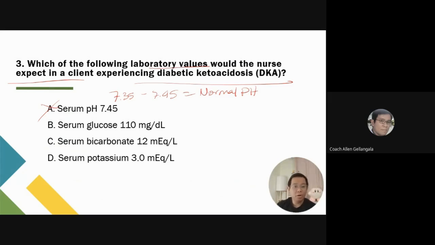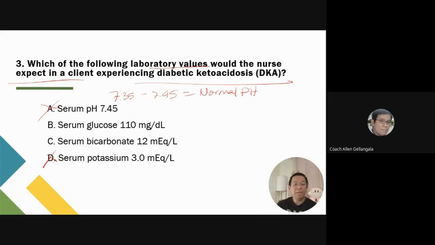Again, your body will try to metabolize extra protein and fats in the body, which will create the breakdown of cells. And essentially, cells have potassium inside them, and this destruction of cells could also cause the potassium to increase. So in diabetic ketoacidosis, your potassium could either be normal or hyperkalemic. So D is also not expected.